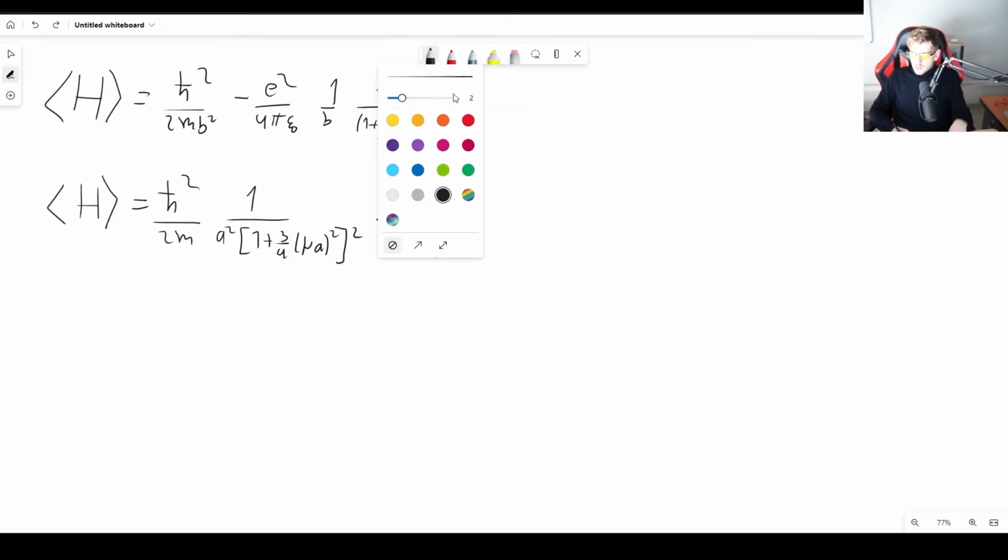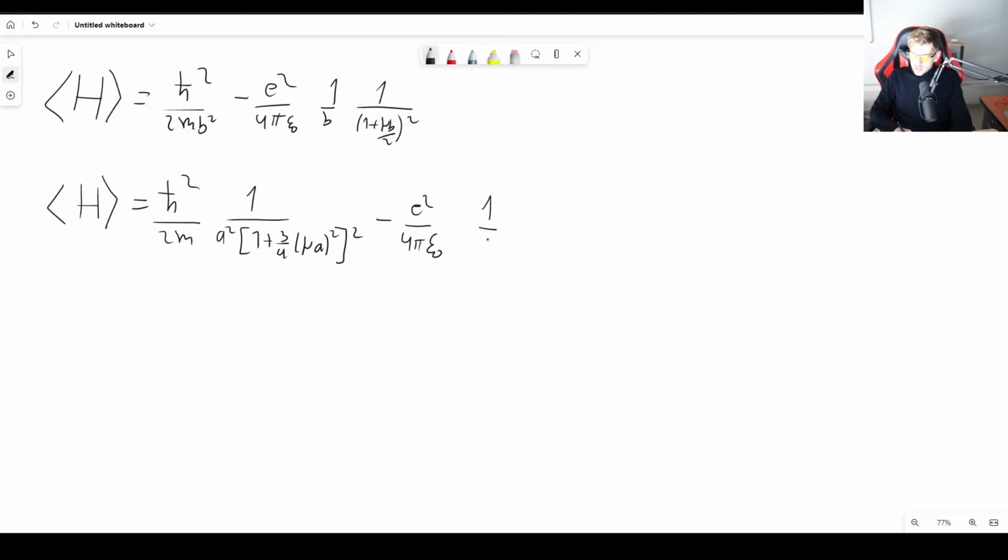And then we have 1 over b, which is 1 over a, and then we have 1 plus 3 over 4 mu a squared to the minus 1. I'm going to write it like this because we are going to end up expanding soon. Otherwise, we can't really simplify it at all.